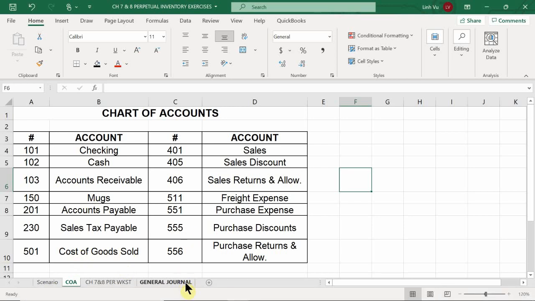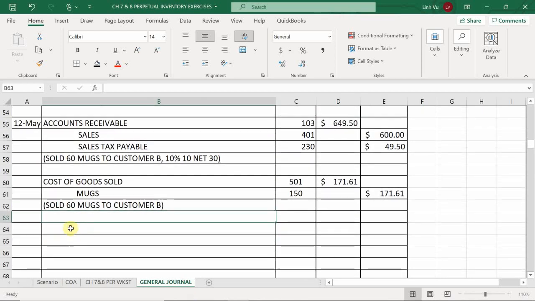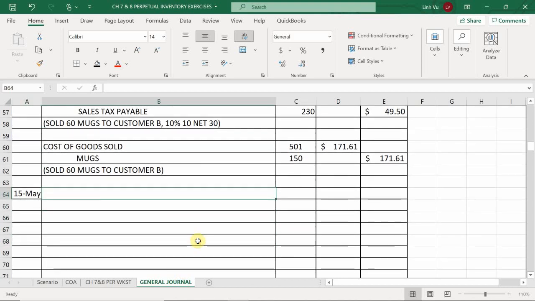So sales returns and allowances is account number 406. Okay. So, we talked about this. This is May 15. We are going to be having a sales returns and allowances, account number 406.